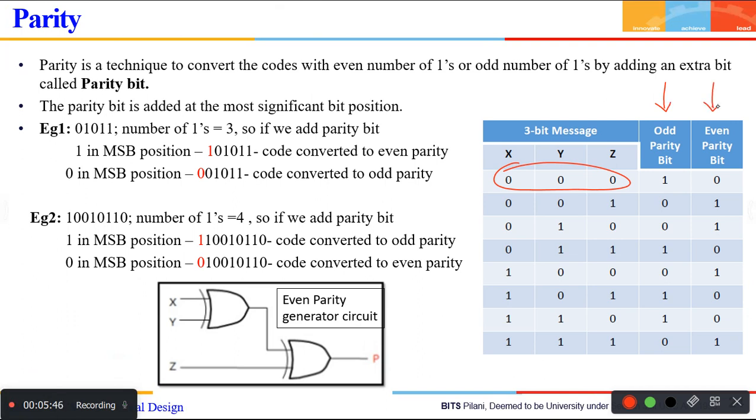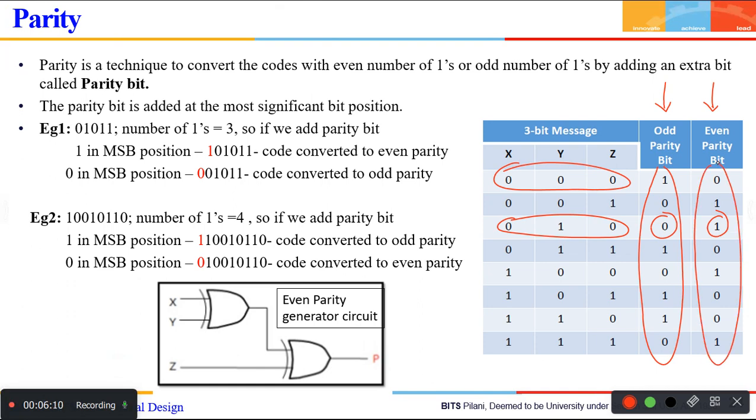And accordingly you will get your odd parity or even parity. Just one example: suppose I take 0, 1, 0. To make it odd parity, the parity bit should be 0, or to make it even parity, the parity bit should be 1, okay? These are the parity bits added for odd parity, these are the parity bits added for even parity.